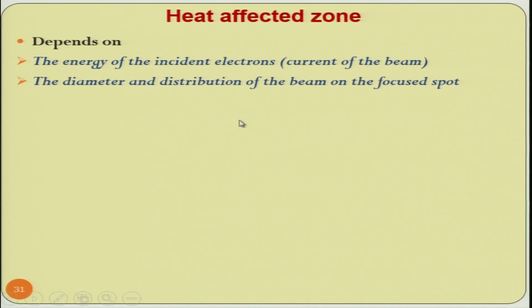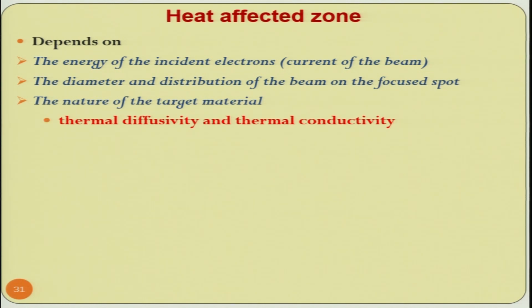The diameter and distribution of the beam on the focused spot, and the nature of the target material or the workpiece material, are very important, which governs the heat affected zone. Because if the thermal diffusivity and thermal conductivity of the workpiece material are high, then you are going to get a higher heat affected zone.